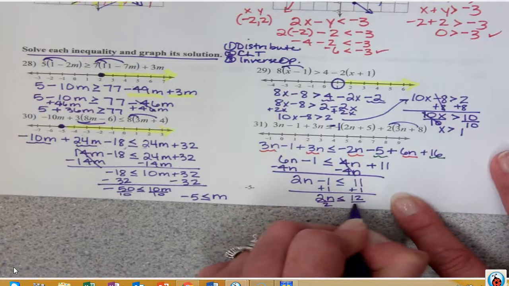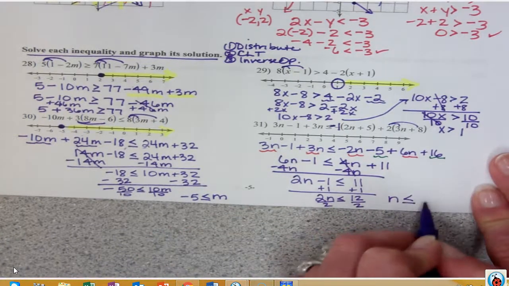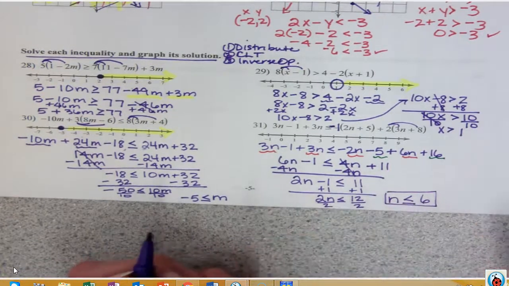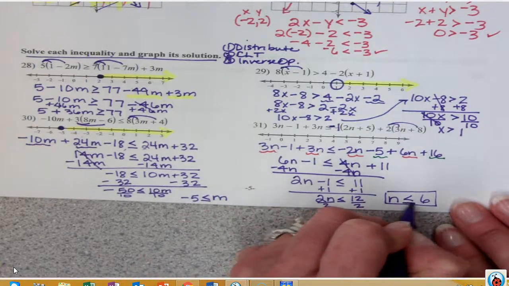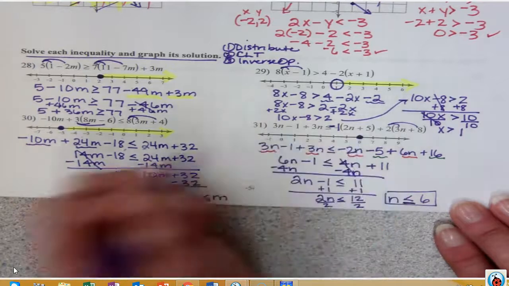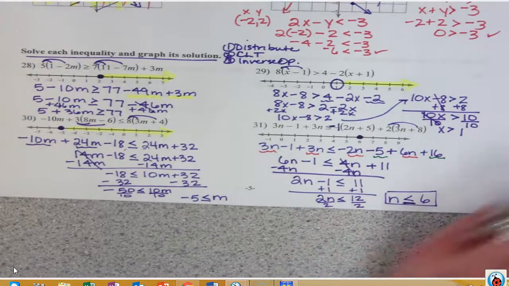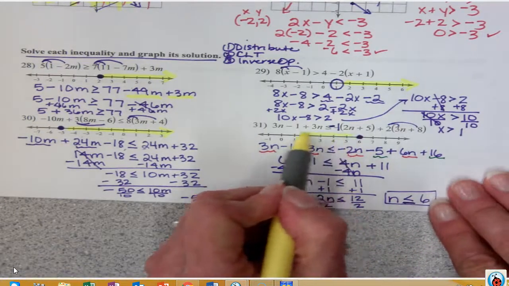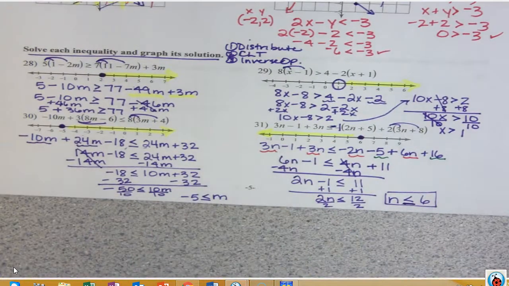Divide by 2, and I get n is less than or equal to 6. So in order to graph that on my number line, I'm going to do a solid dot because I've got that equal sign, and n has to be smaller. So what numbers are smaller than 6? 5 is, 4 is, 3, 2, 1, 0. All of those numbers are smaller than n.